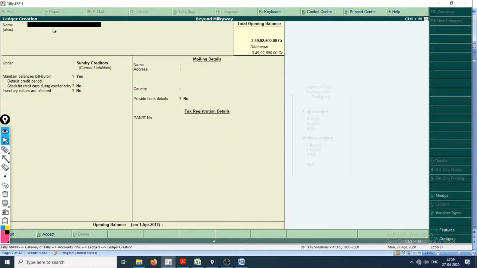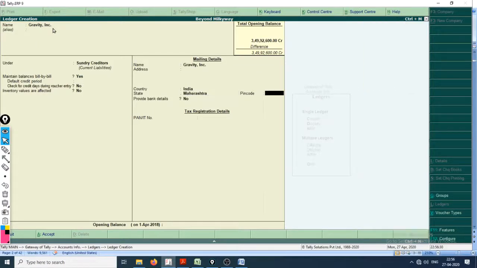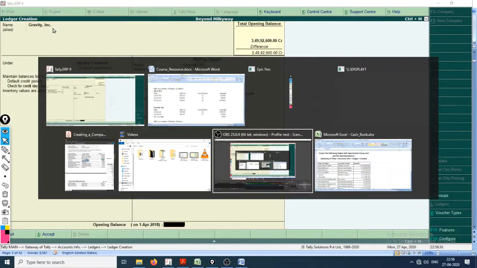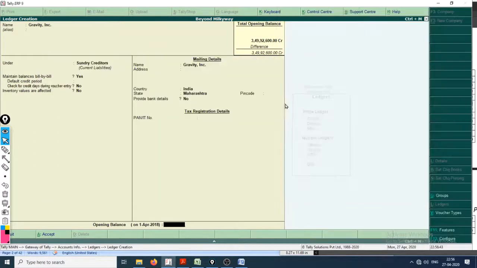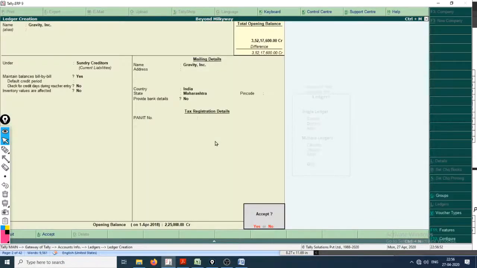Now create another account, that is Gravity Inc. Enter sundry creditors. Keep entering till we know what the amount is. What's the amount? 225000. Enter.